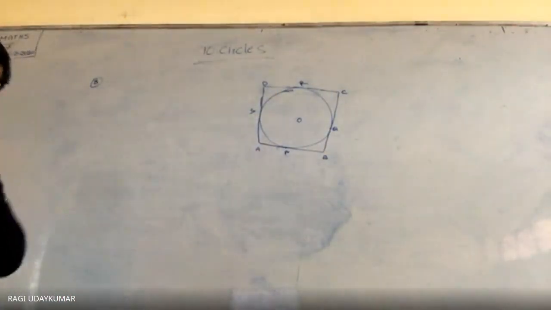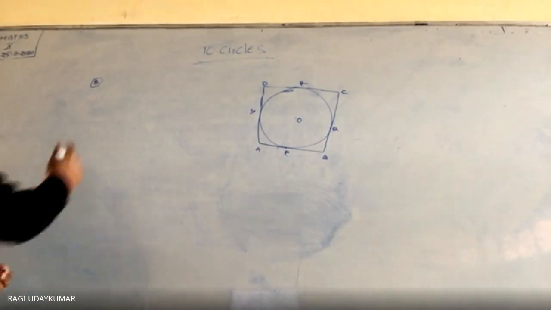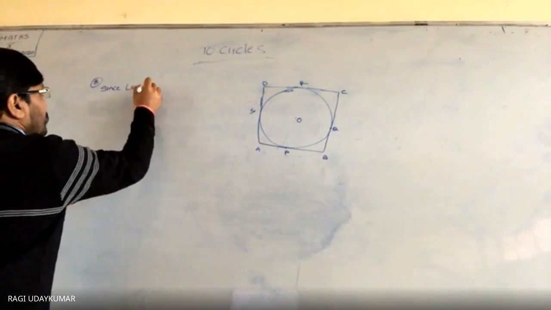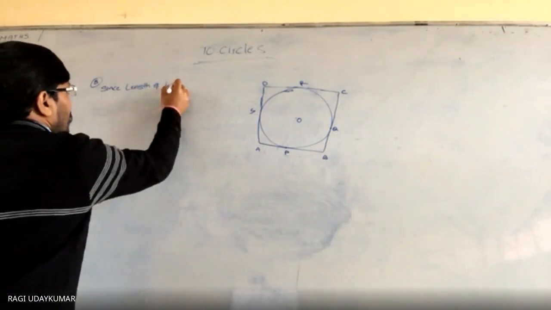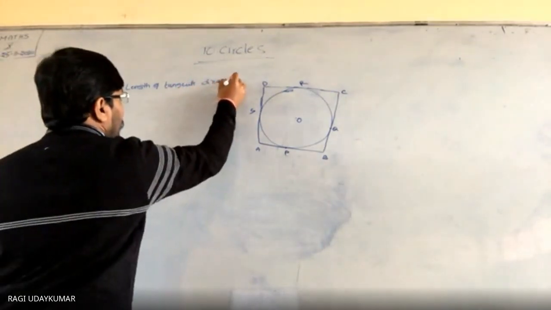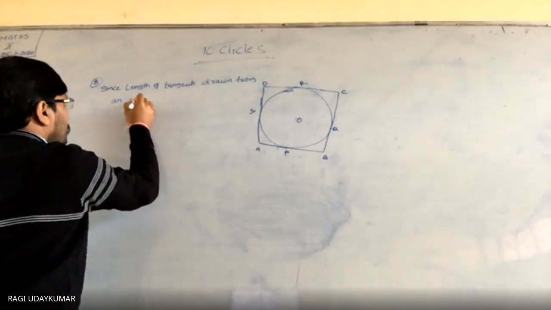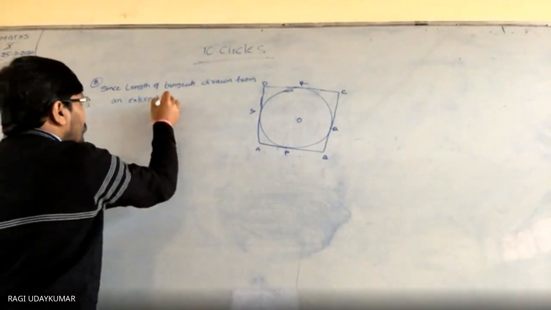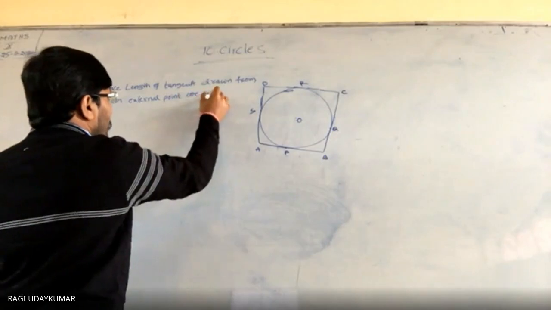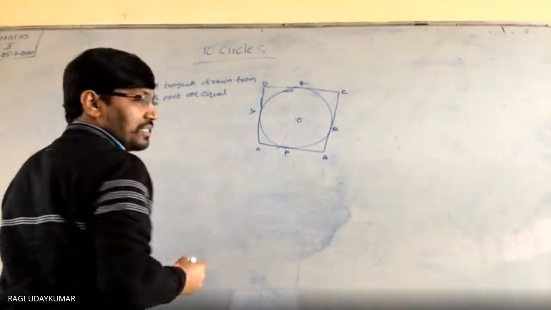Since the lengths of the tangents drawn from an external point are equal, consider that point. Based on that, this is an external point, and two tangents are drawn.